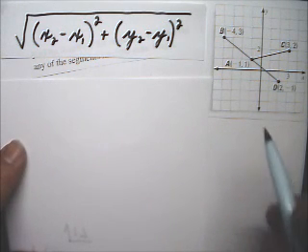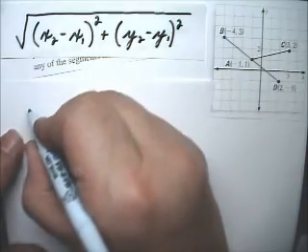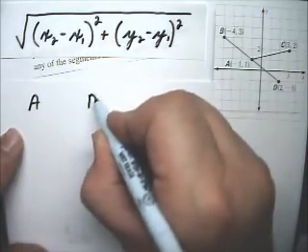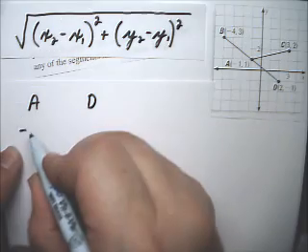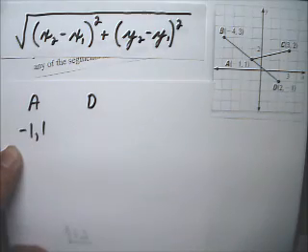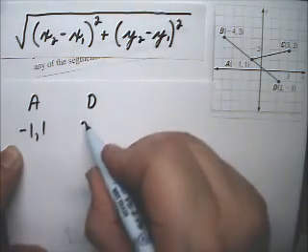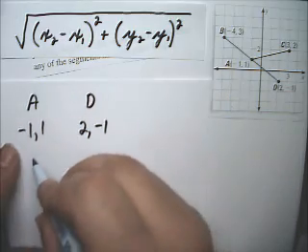Okay, now I'm going to do AD. A is -1, 1. D is 2, -1.